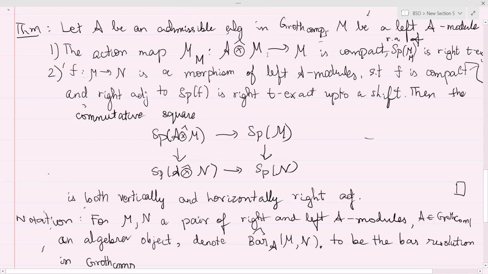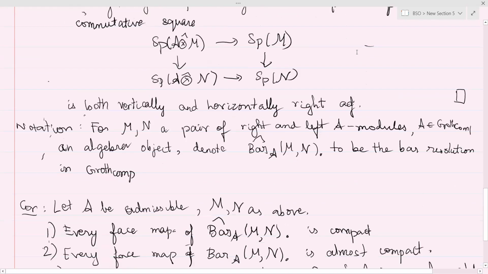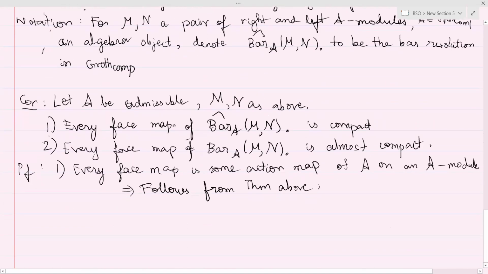That the action map is always compact, and there is one more condition, but we only care about compactness for now.